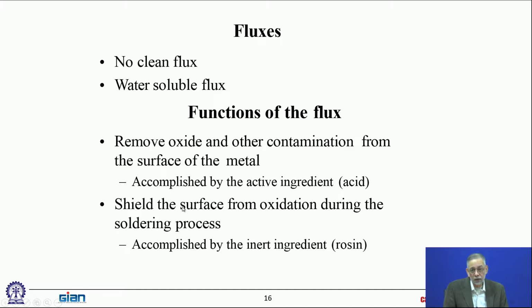Where's the oxygen supply going to come from? The air around the electronics as it passes through the reflow oven. So sometimes we just use inert gases in the reflow ovens. So nitrogen is a very popular gas to be used for reflow purposes. So most reflow ovens that are commercially used usually have a nitrogen bath inside, so the soldering is happening in nitrogen.